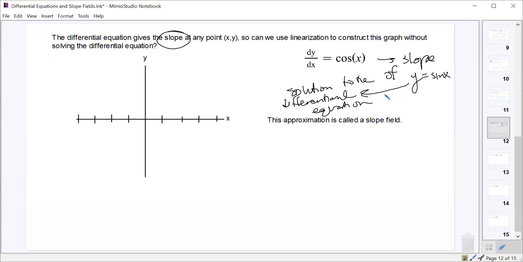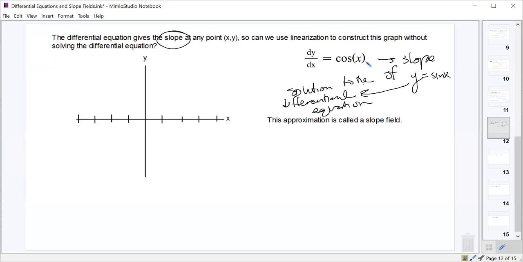Okay. So what we're going to do is we're going to take a bunch of points in the plane, and we're going to evaluate our differential equation at each of those points. And at each of those points, we're just going to draw a little tiny line segment that has a slope of what we get when we plug that point into our differential equation. And that should represent the slope of the solution to the differential equation at that exact point.